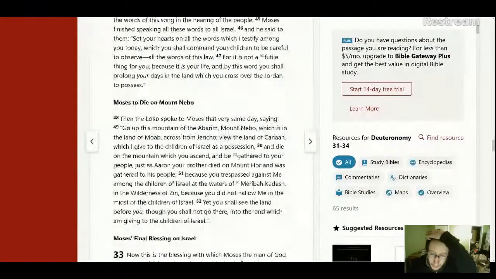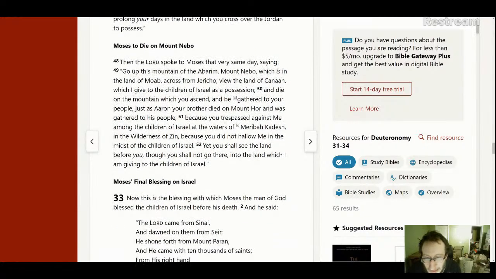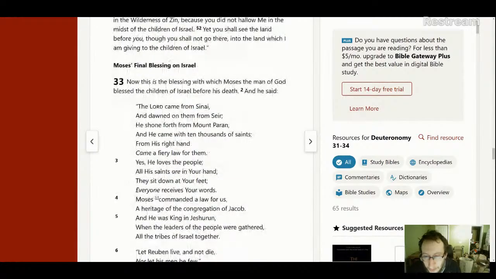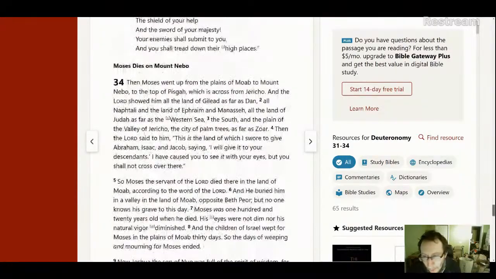It says, go up this mountain, view the land of Canaan, which I give to the children of Israel as a possession. Die on the mountain which you ascend, and be gathered to your people. Yet you shall see the land before you, though you shall not go into the land which I'm giving to the children of Israel. Okay, so then there's a blessing, and then we see in chapter 34.